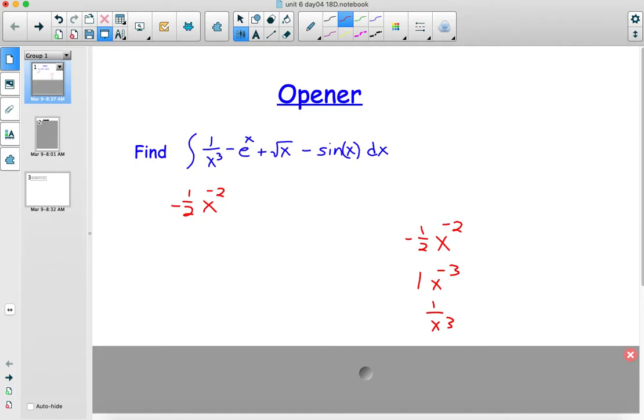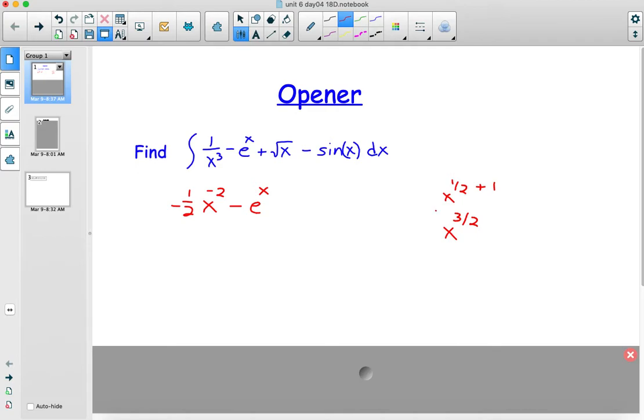So we've got that. Alright, let's work on the next term, e to the x. That's an easy one because the derivative of e to the x is e to the x. So that one's done. Let's look at the square root of x. We want to think of that as x to the 1/2 power. Before we took the derivative, the exponent should have been 1 higher than that. If I add 1 to that, I get x to the 3/2 power.